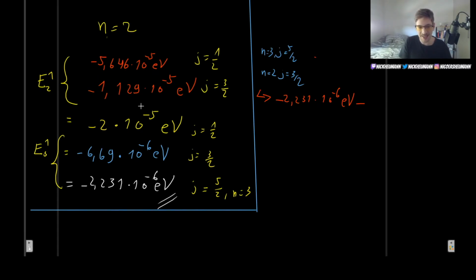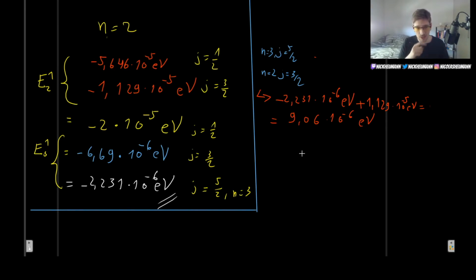So minus a negative, so we get plus 1.129 times 10 to the minus 5 eV. And what is that? That is minus 2.231 exponent minus 6 plus 1.129 exponent minus 5. So this is 9.06 times 10 to the minus 6 electron volts.